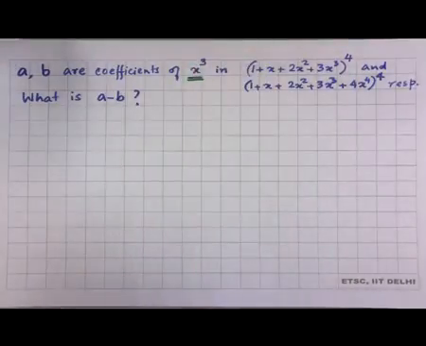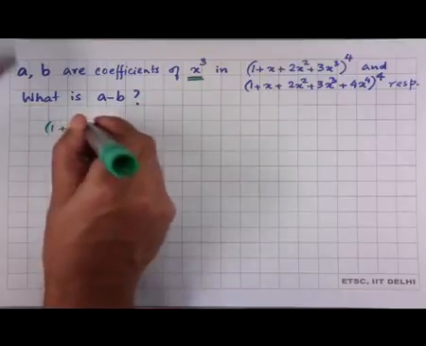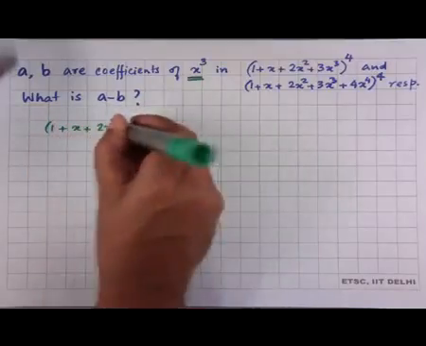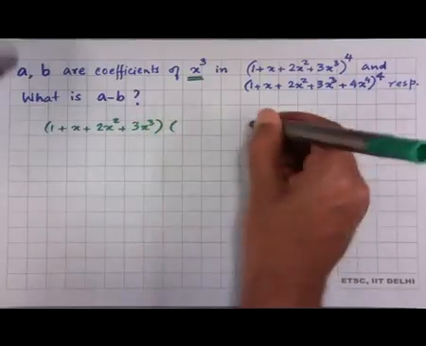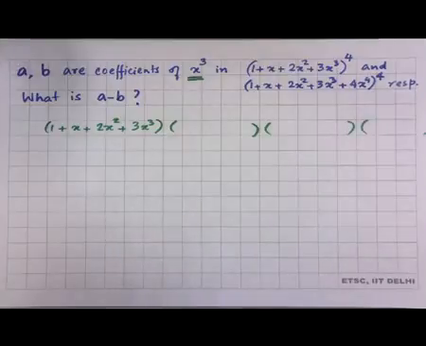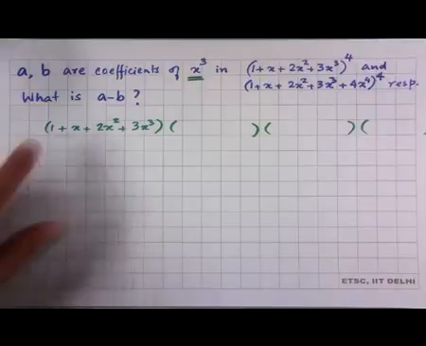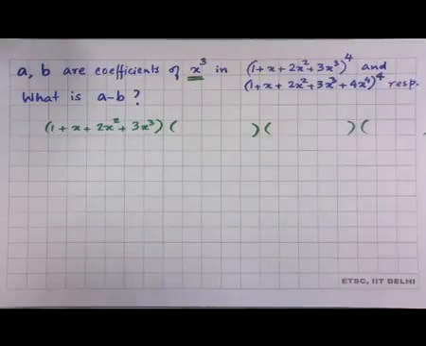The coefficient of x cube. How will you get the coefficient of x cube? Let us do some accounting. Okay. How will you do it? You can pick the 1 here, the x here, x here, x here, that will give you x cube.